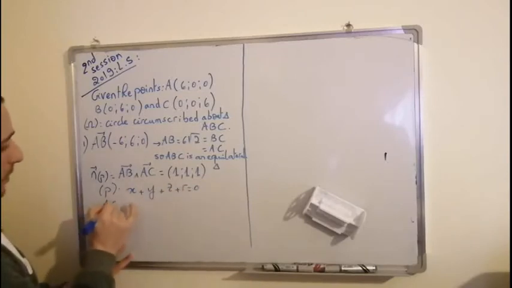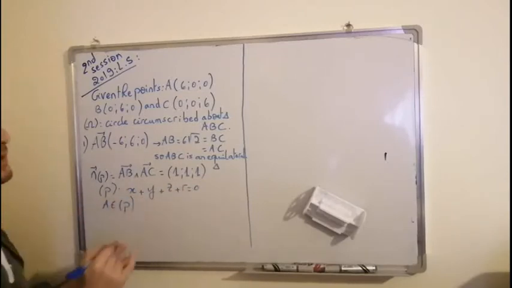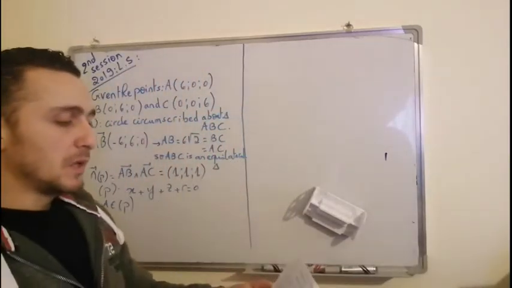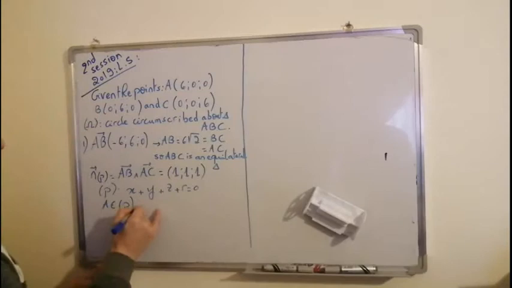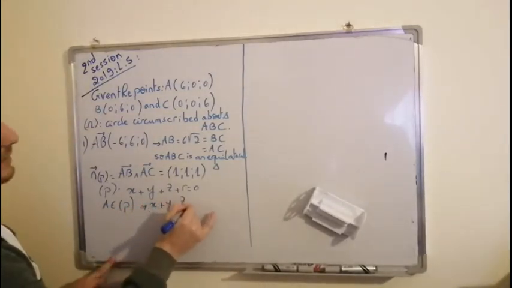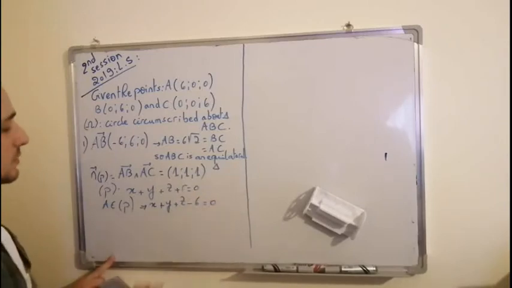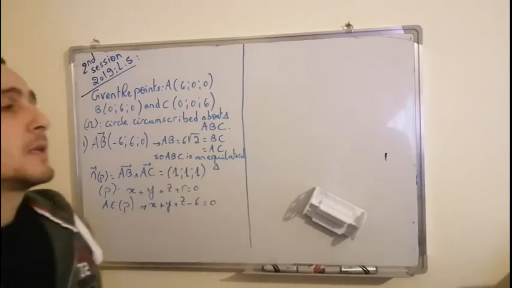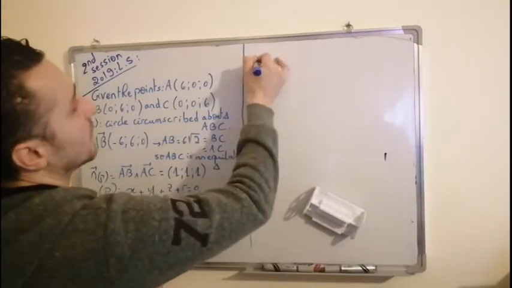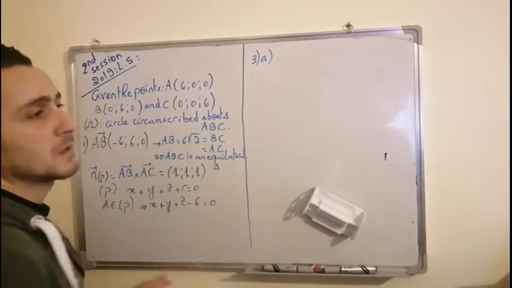So the plane P has an equation x plus y plus z plus r equals 0. A is a point on the plane P, then the equation of this plane will be x plus y plus z minus 6 equals 0. Okay? Third question is part 3a.